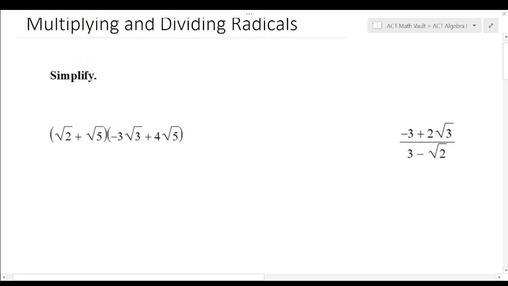One thing to note before we start is there's sort of a product property with radicals, and that is that the nth root of a times the nth root of b, nth meaning just whatever number, the third root, the fifth root, the fourth root, is the same thing as that same root of a times b.